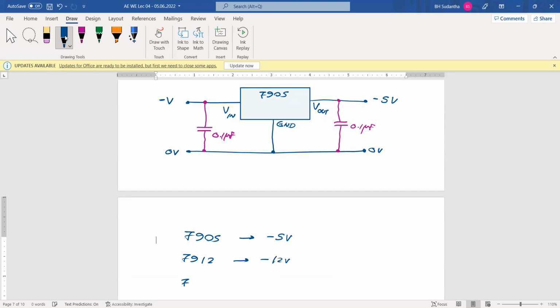If it is 7908, then it's minus 8 volts, like that. All are providing 1 ampere maximum output current. You cannot exceed this one, and if you exceed it, the IC will be damaged. The maximum rated current is 1 ampere.